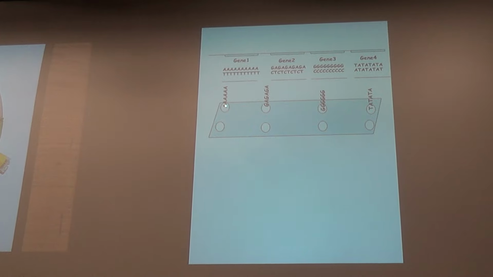So on the slide, you will stick a piece of single-stranded DNA that goes AAAAAA at this point on the slide. Next to it, you will put another piece of DNA that goes GAGAGA. Again, very specific sequence. This sequence is only found with gene 2, not 1, 3, or 4. And then next, you would stick the sequence GGGGGG. This is found for gene 3, but not for 1, 2, and 4, and so on.